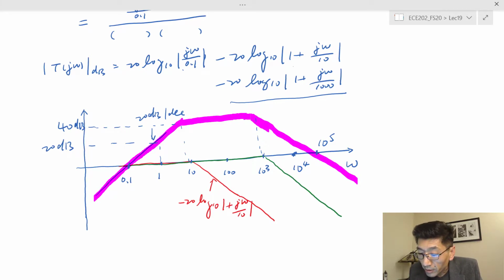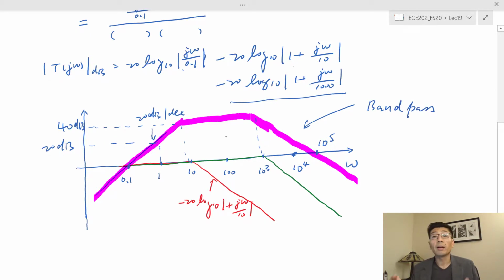This is the straight line approximation. In this case, we have a band pass filter. The pass band is between 10 radian per second and 1000 radian per second.